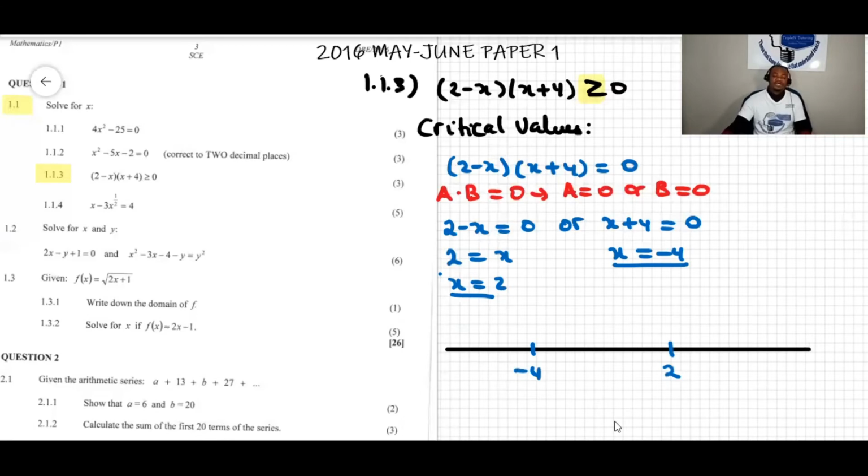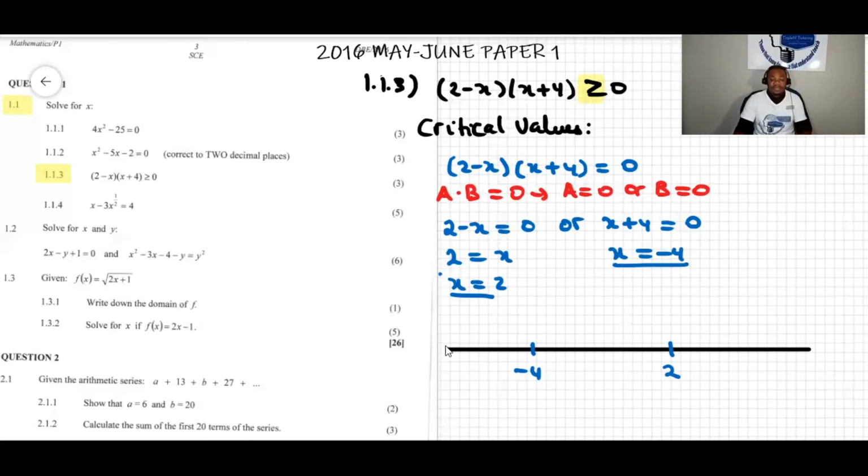Now I need to check the sign of the inequality on each interval. We have 3 intervals: from negative infinity to negative 4, from negative 4 to 2, and from 2 to positive infinity. So I need to find the sign of this expression in this interval, that interval, and that interval.